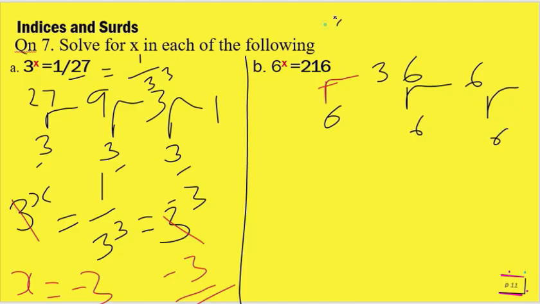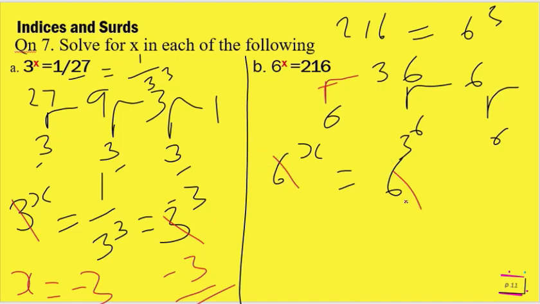So 216 can be written as 6 power 3, and therefore we can say 6 power x is equal to 6 power 3. And since the bases are the same, cancel the bases, and then x becomes 3. So x is equal to 3.